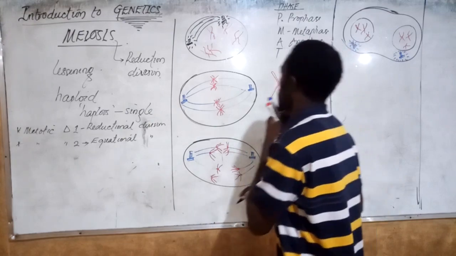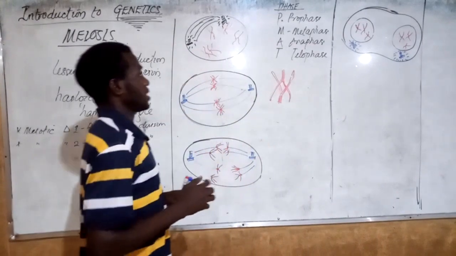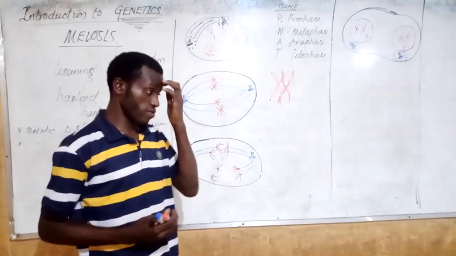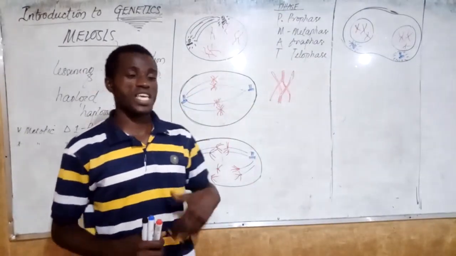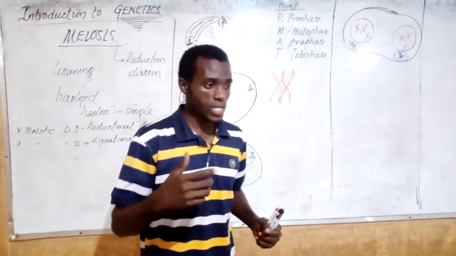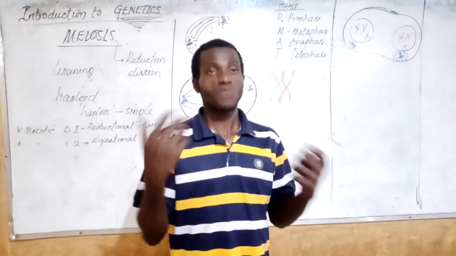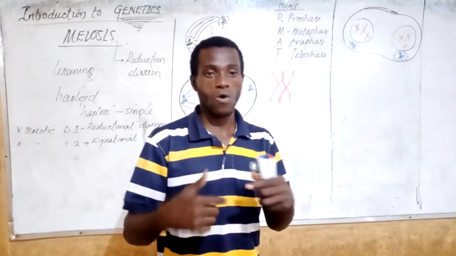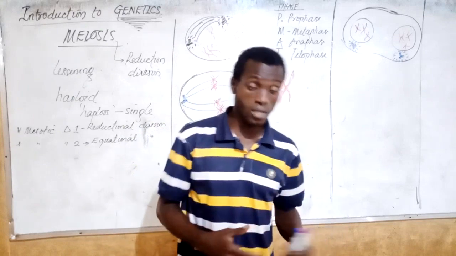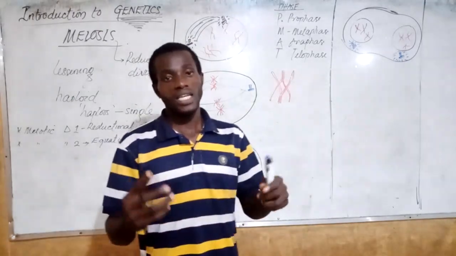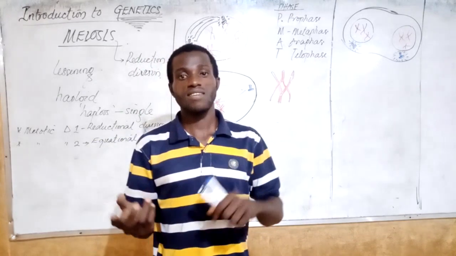All right. So now I'm going to give a quick summary of what happens in meiosis. First, there is a thickening, a winding up or coiling of the chromosomes so that they become prominent in the cell. Thereafter, there is synapsis.